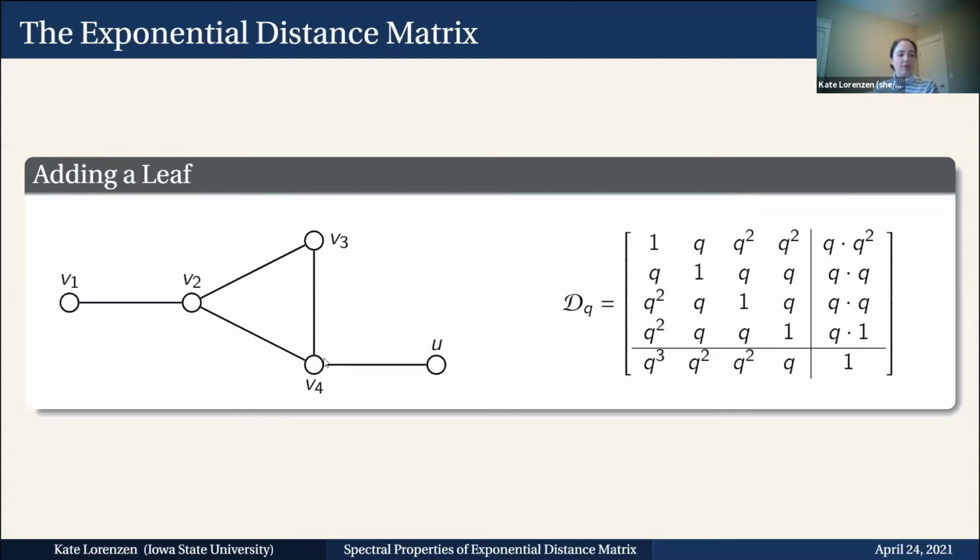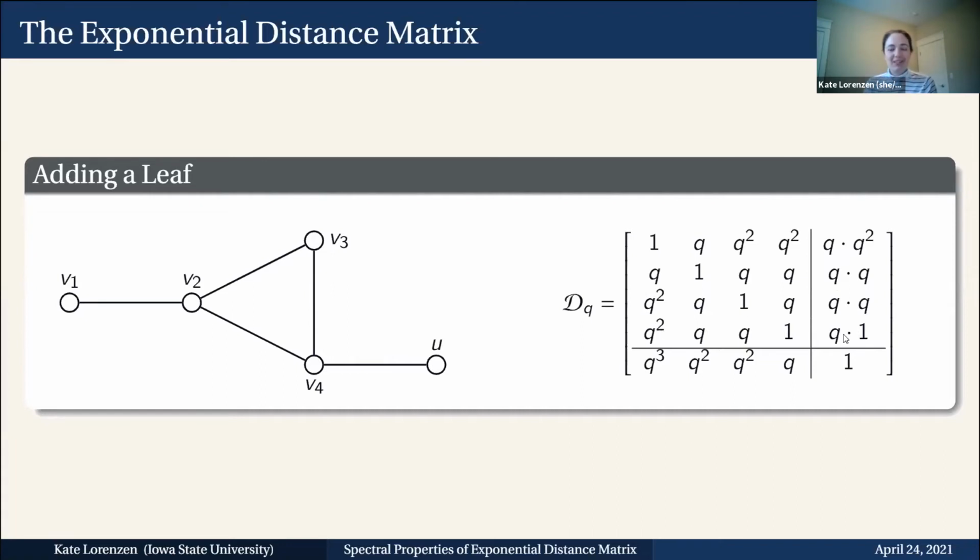If I add my leaf u to my graph, I have my original graph in the upper block, and then I create this new column for the way u is adjacent to everything else. Since u is going to be a distance 1 more away from all of the rest of the vertices, I want to add one distance to all my entries. But since all my distances are the exponent, this actually comes to just multiplying that column by q.